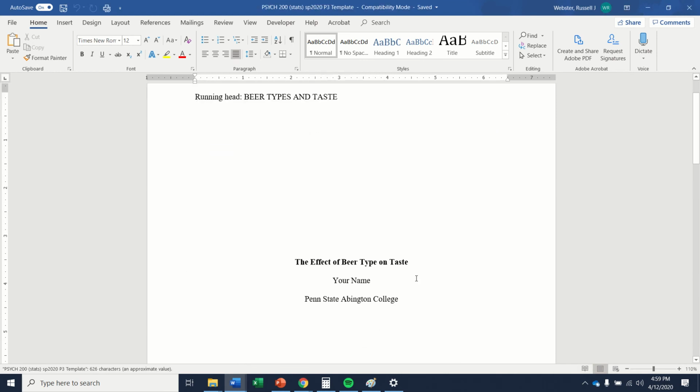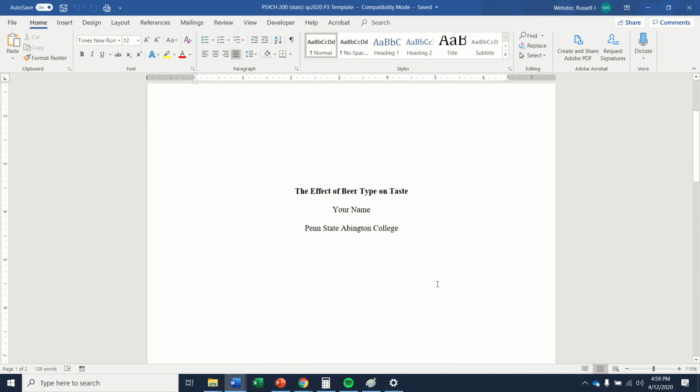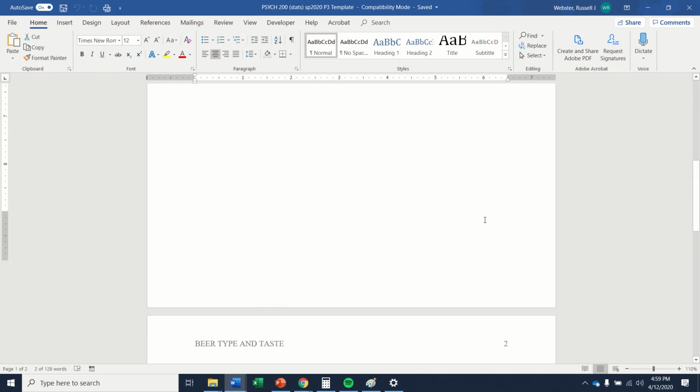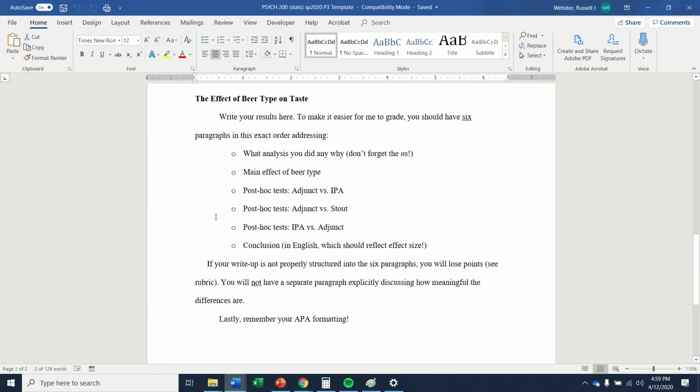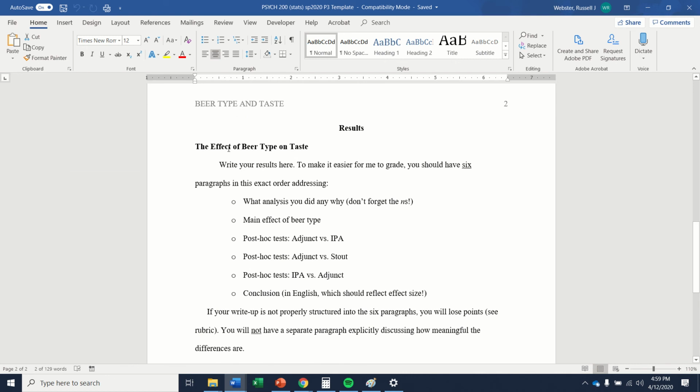All right, so we have the title page as usual. Change your name to your name. And then on page 2, here's where you'll write up the one-way ANOVA, looking at the effect of beer type on taste.